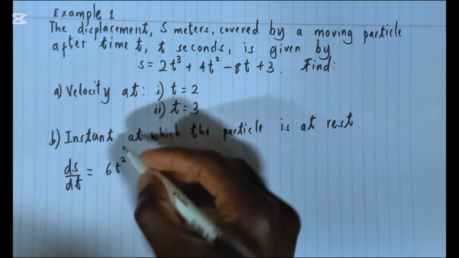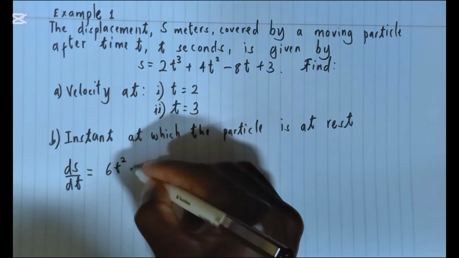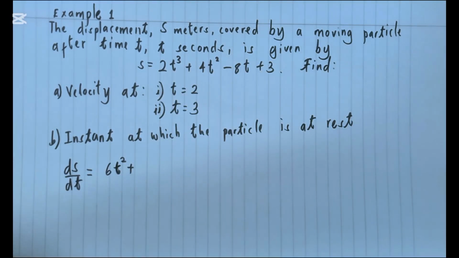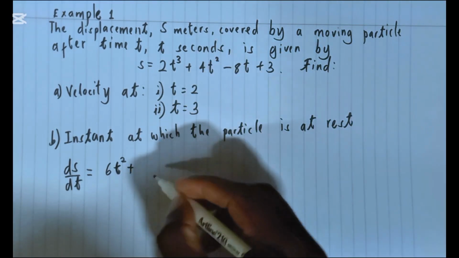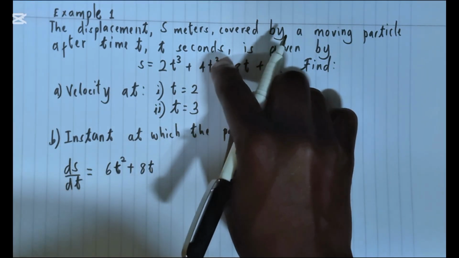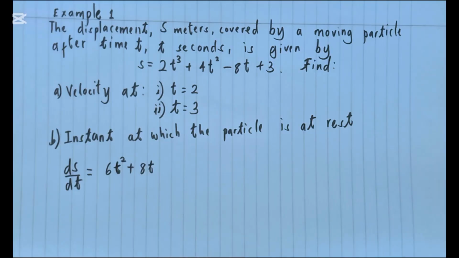So it will be 6t squared, plus 2 times 4, which is 8, and t raised to 2 minus 1 is just 8t.